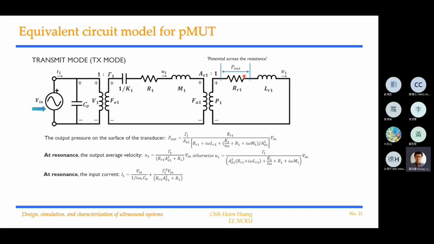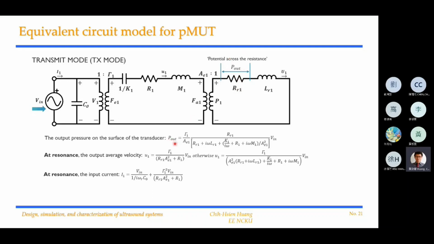Pressure is like voltage, right? And the acoustic particle velocity is like current. So the pressure we measure is actually the real part that we put on the impedance, which will be our real P out.